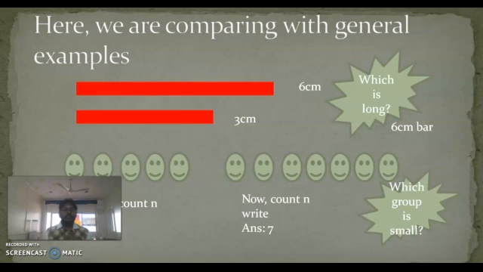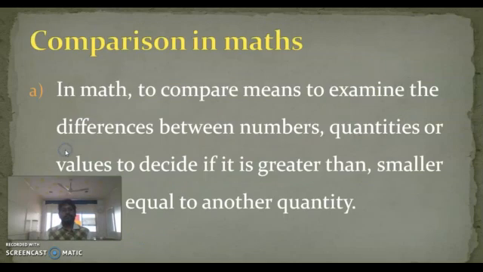Which group is small? We have two groups here, the first group and the second group. Now my question is, which group is small? The group having 5 smiley faces is small. Now what is comparison in maths?